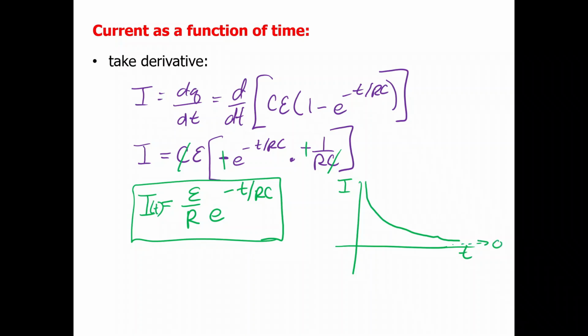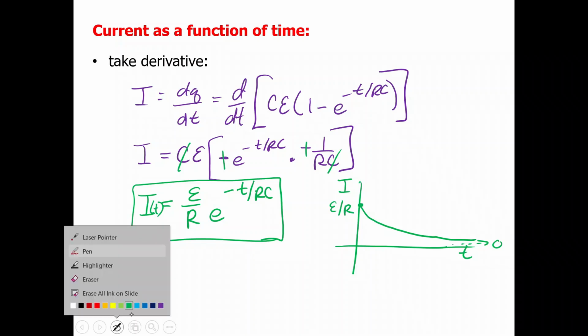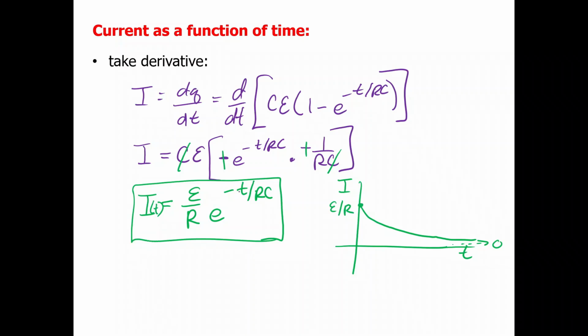What it tells me is that over time you are going to end up with a current that is 0, and it's going to start at E over R. That's because as t approaches infinity, e to the negative infinity is 0. So I is going to go to 0. So I of infinity is 0.